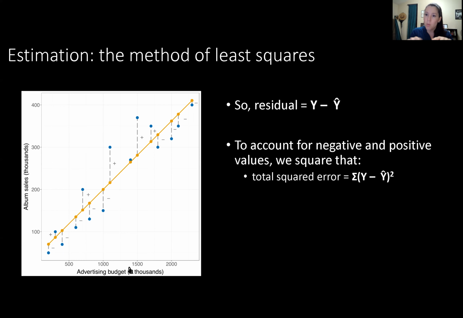Those are the squares that we're talking about. It's a squared error term. The regression line is going to run across the data in such a way that minimizes the squared error term as much as possible. So the procedure minimizes the sum of squared errors between the actual scores of Y and what we predict Y to be. That's where that comes from.